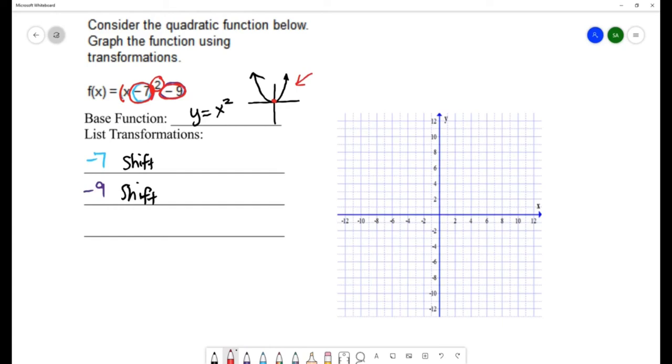Or in other words, the minus 7 is affected by the squared, where the minus 9 is not affected by the square. So whenever we have adding or subtracting that is inside the base, inside the square, we know that that is a horizontal shift.